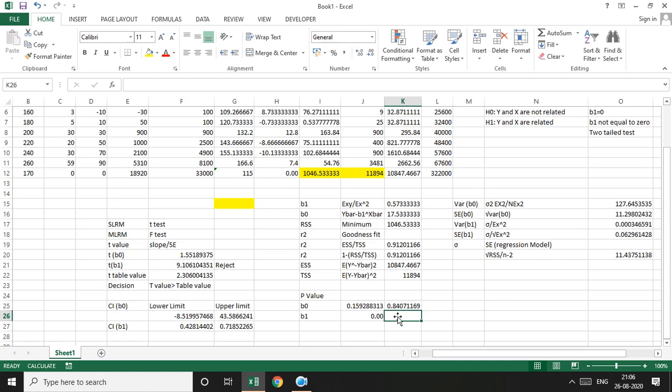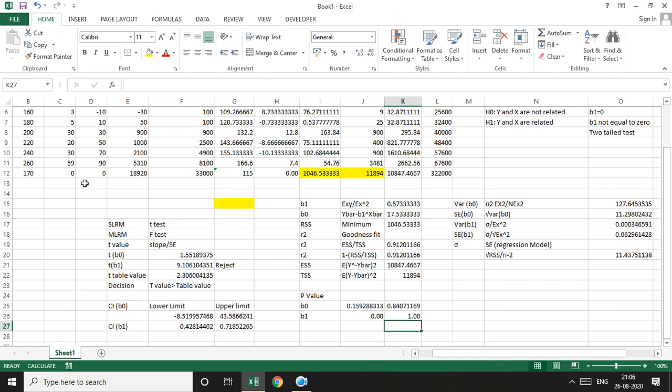But here this is 1 minus 0, that means 1. That means you are 100% sure that you can reject the null hypothesis. So this is all about the simple linear regression model.